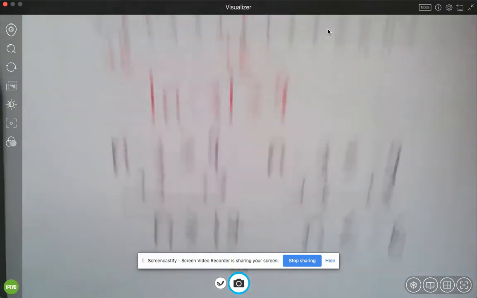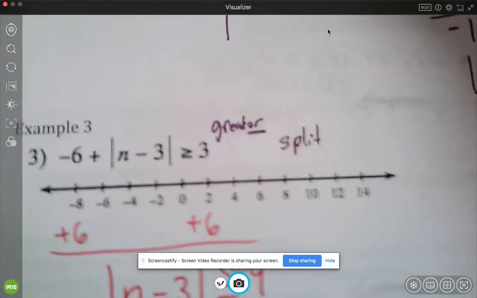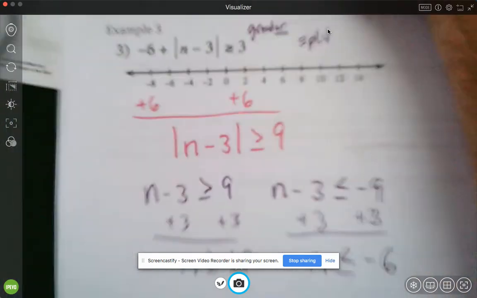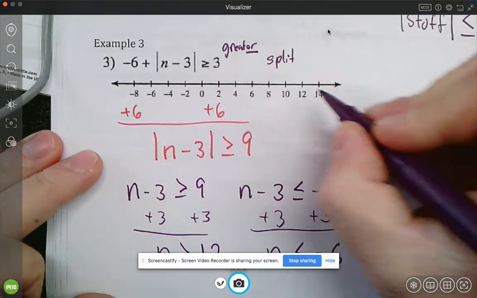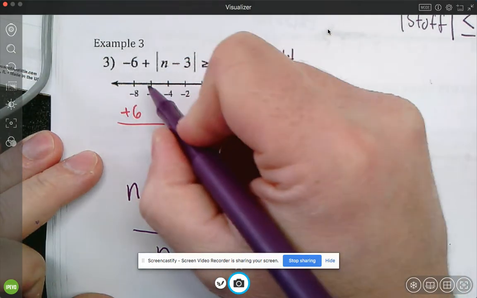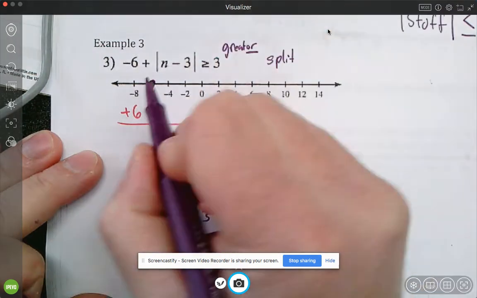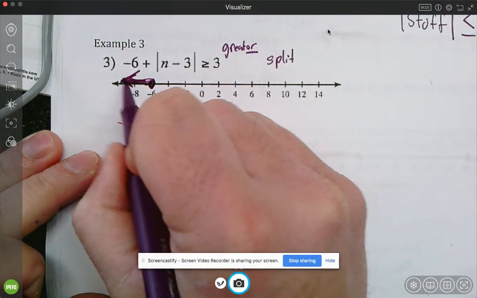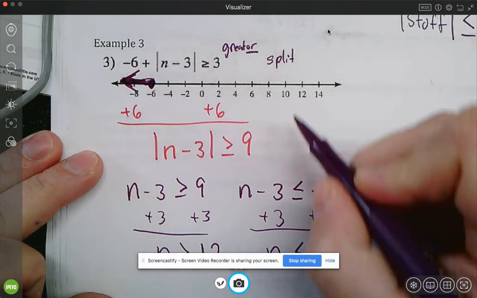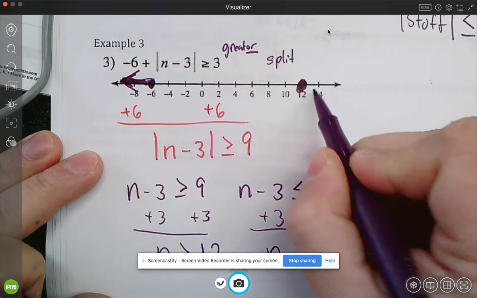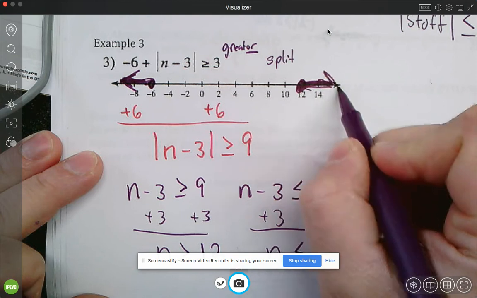So now when we do the graph, it should give us that split, that or scenario. So I'll just go here, negative 6 here, close dot, and going in this direction, and then positive 12 here, close dot again, going in that direction.